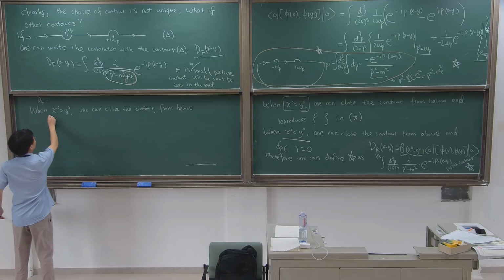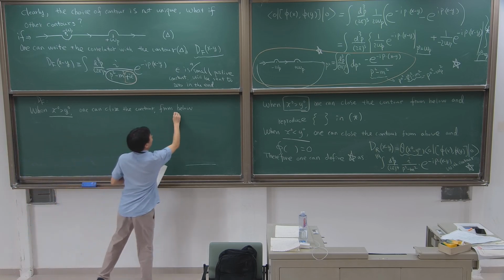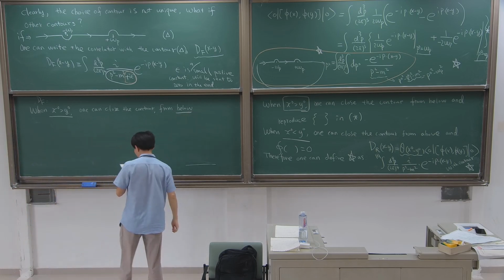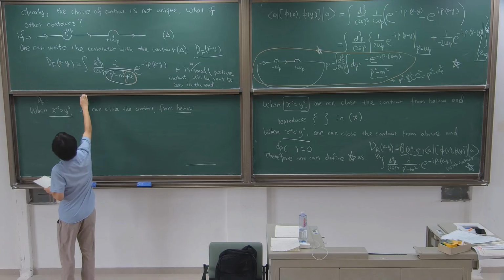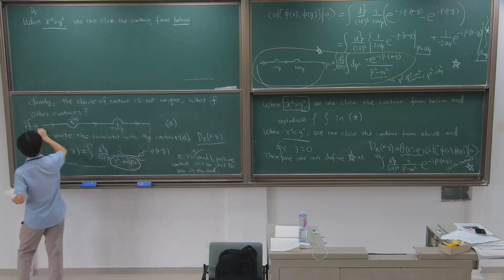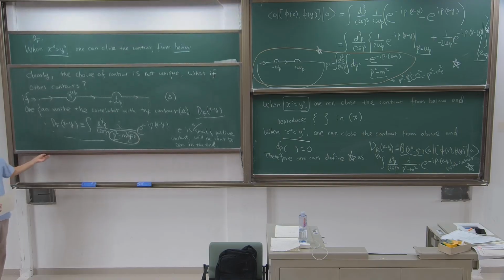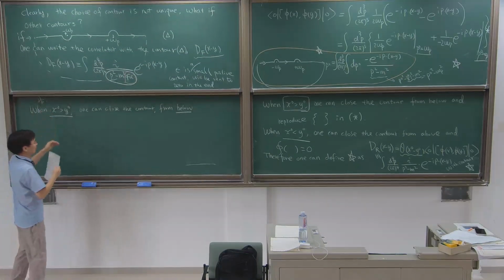This condition is precisely to make that function decay. So this corresponds to closing from below. From below means again you can do this way and do this. Another one is given by 0.